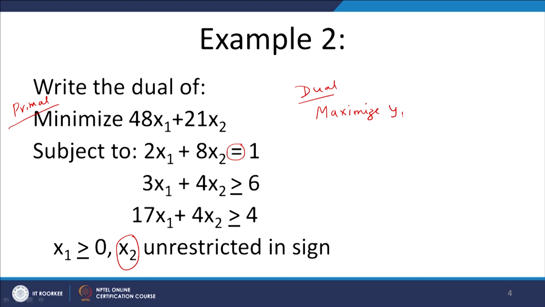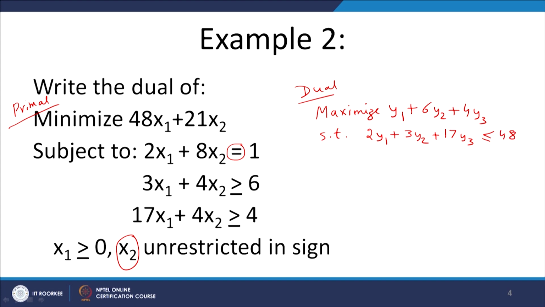The objective will be y1 plus 6y2 plus 4y3. As you can see, these coefficients have come from the right hand side of the constraints of the primal. Then we will have the constraints as follows: 2y1 plus 3y2 plus 17y3 should be less than or equal to 48.